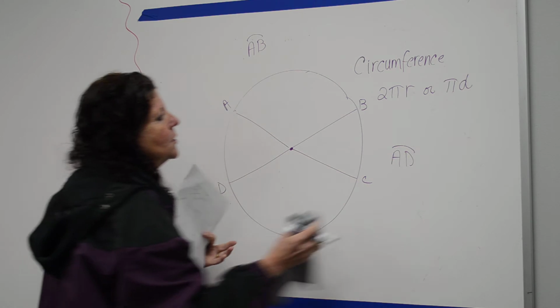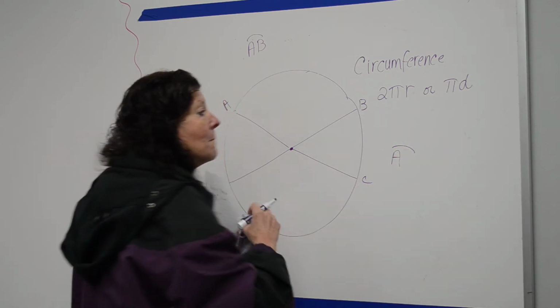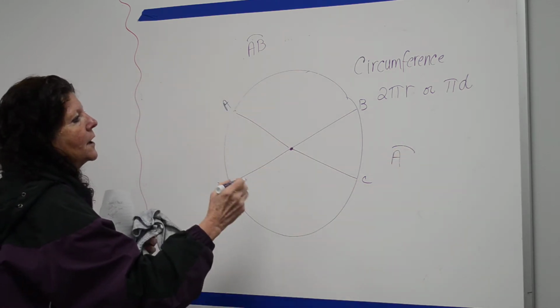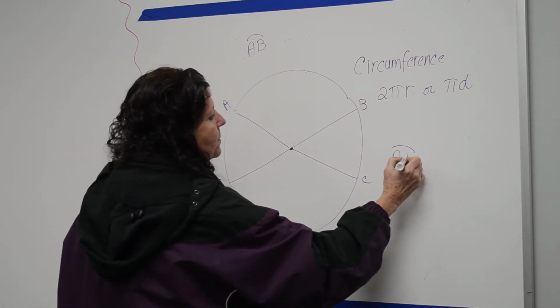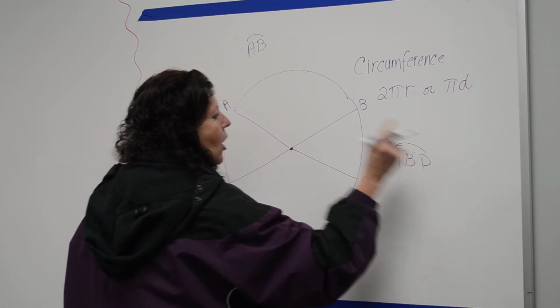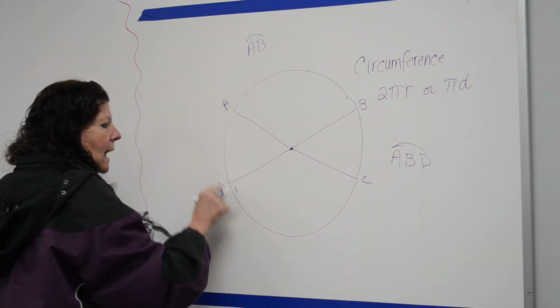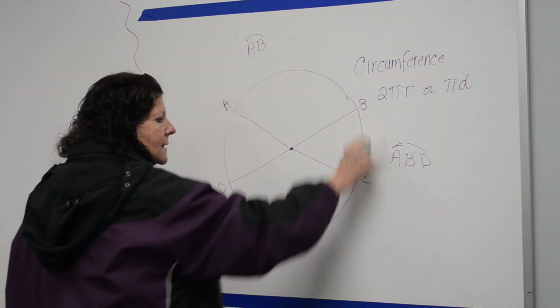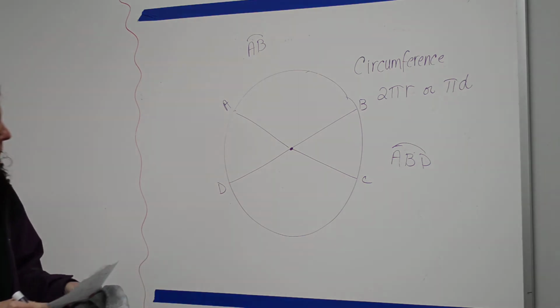So for a major arc, an arc greater than 180 degrees, I have to put in 3 points. So if I said arc ABD, I would know that I'm talking about this big space right here.